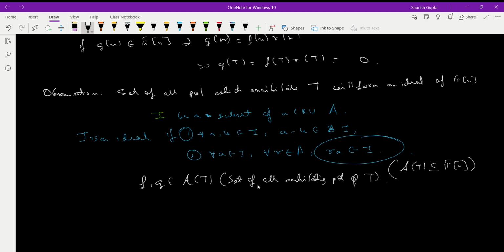Because it contains polynomials over the field F. And it's also pretty easily noticeable that they are not equal, right? There are infinitely many polynomials over the field F, so every polynomial will obviously not annihilate the given linear operator, right? That's pretty easy to notice.